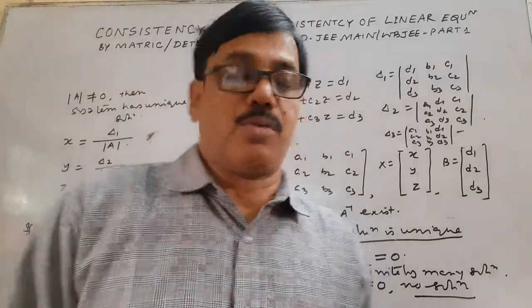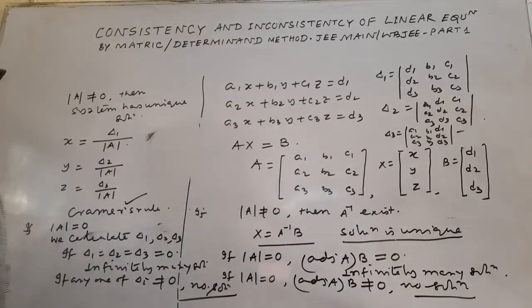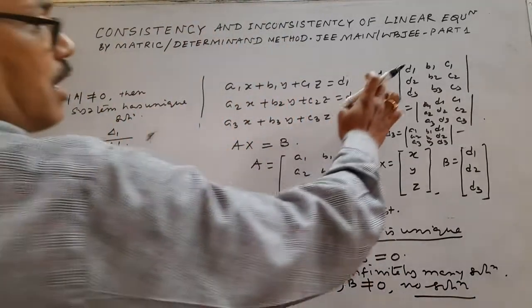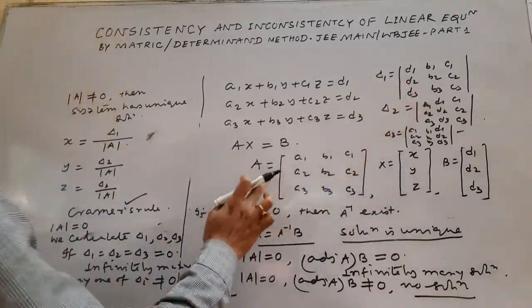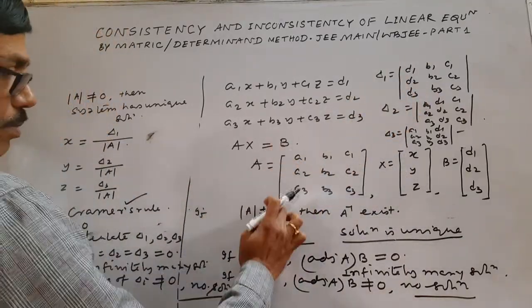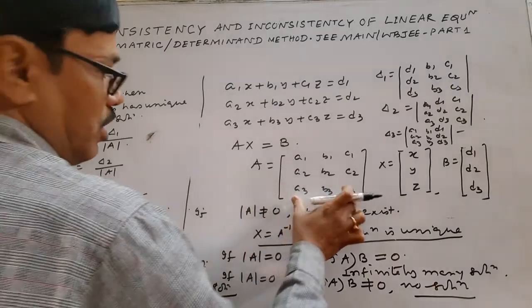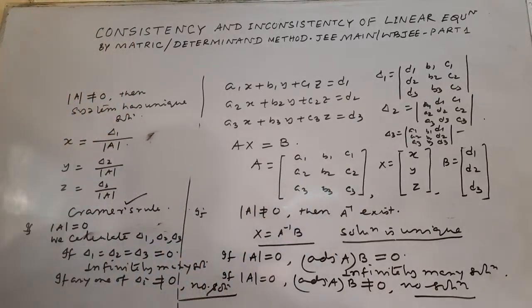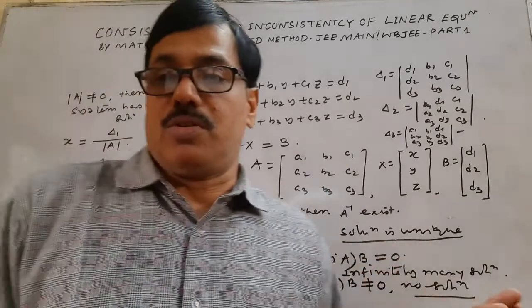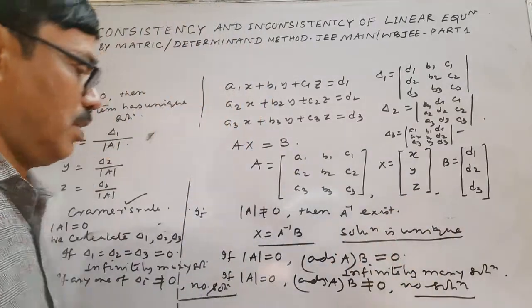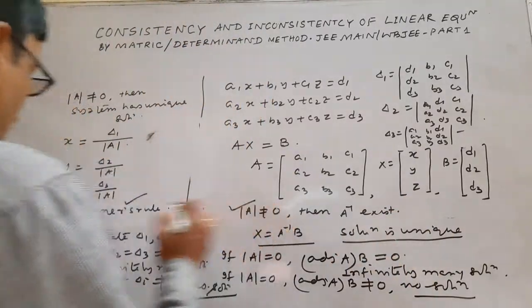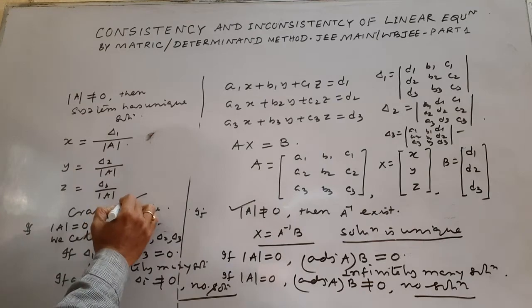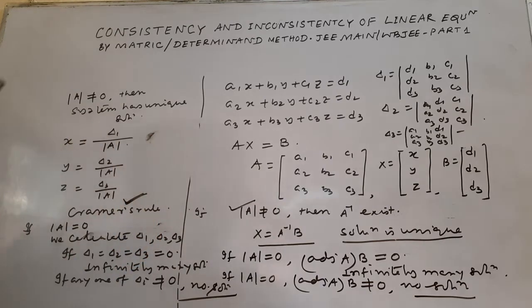So listen again. What is Cramer's rule? If the coefficient determinant A is not equal to 0, then unique solution, and we get x, y, z by this rule. This is called Cramer's rule.